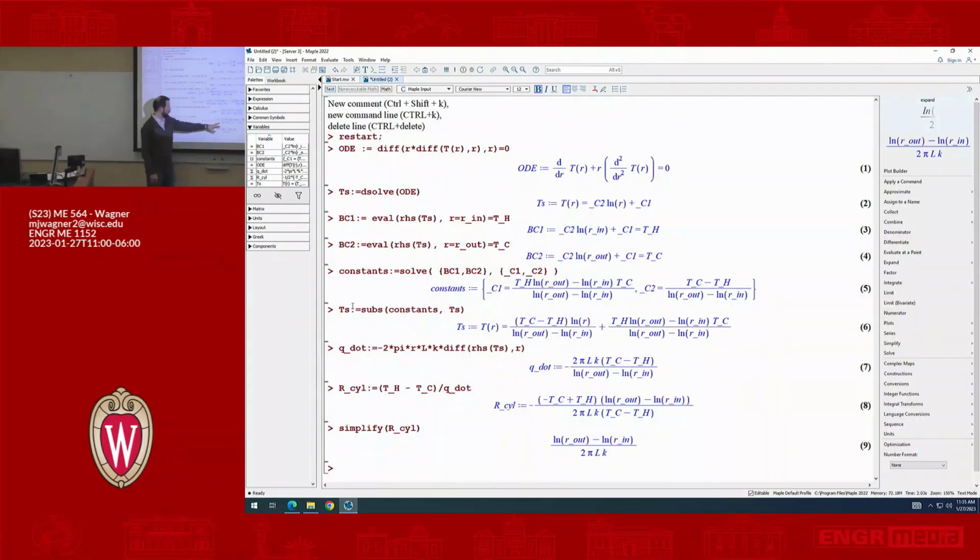If you're subtracting two logs, it's actually the division of them, over 2 pi L k, right? There's our resistance. So by taking our cylindrical coordinates, enforcing temperature boundary conditions, and then using Fourier's law to compute heat transfer, we now have found the cylindrical resistance formula for this geometry. Okay? And it was super easy with Maple because you don't have to do any algebra or calculus.